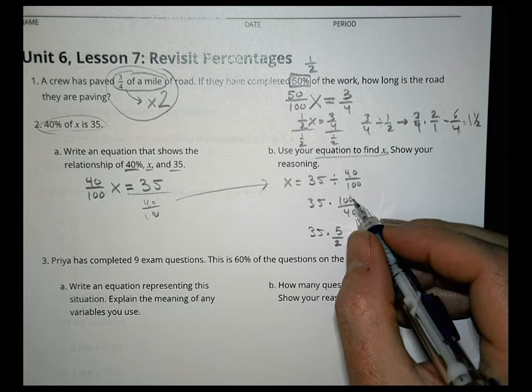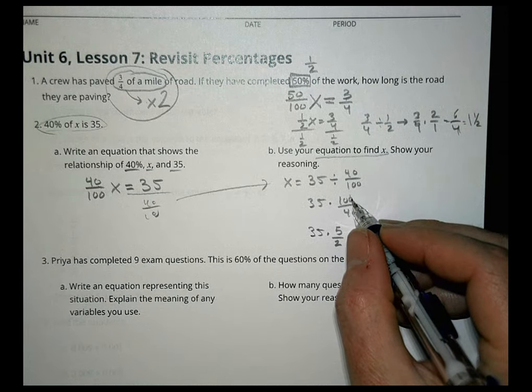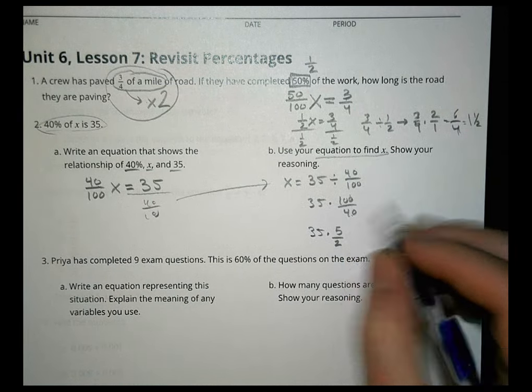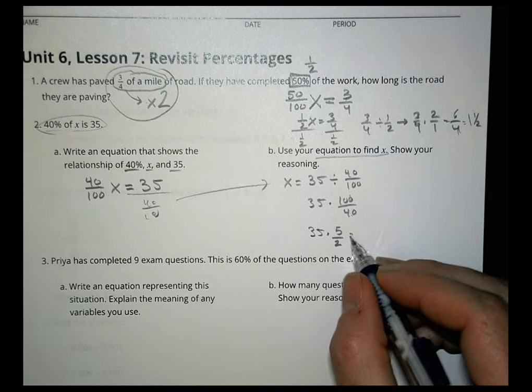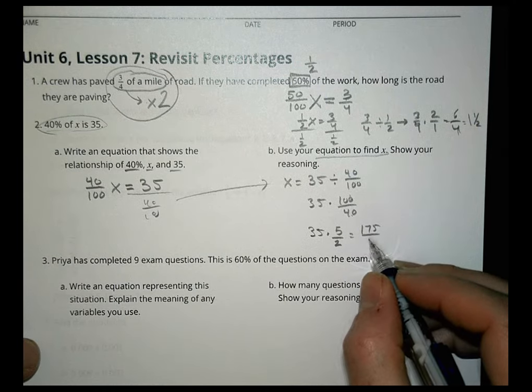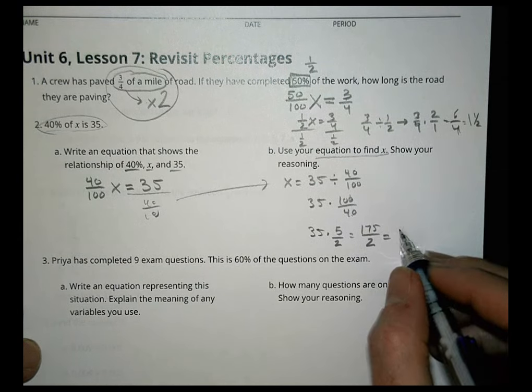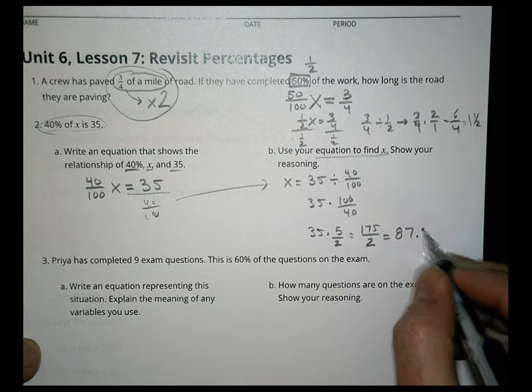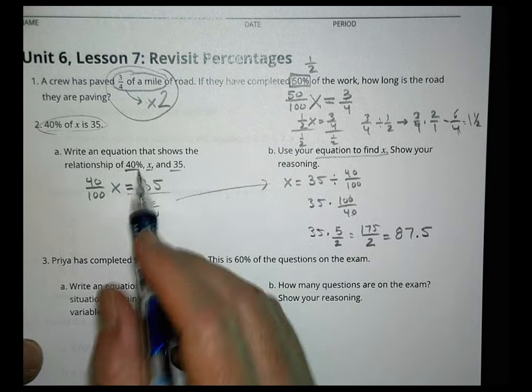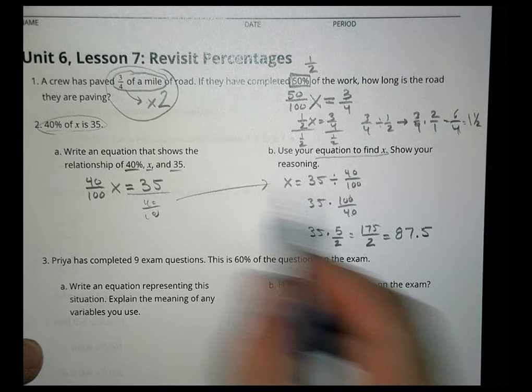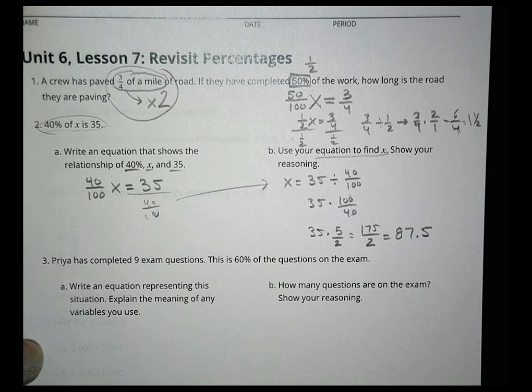Okay, you can think about how many 20s are in here. There are 5 20s and 2 20s, so 5 over 2. So when I multiply that out, we have 175 over 2, which can then be done with a calculator to figure out that it's 87.5. So 40% of 87.5 is 35. And it's okay to have a decimal answer, that's fine.